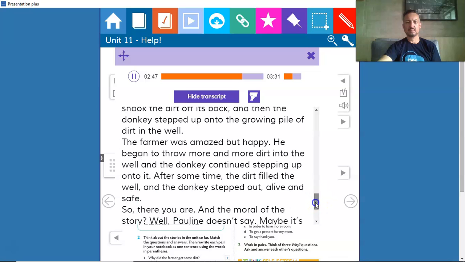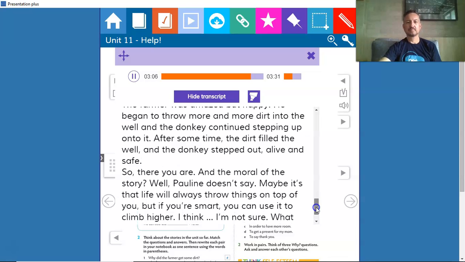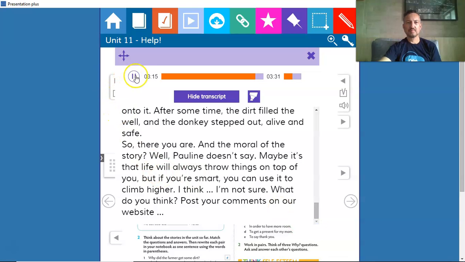The farmer was amazed, but happy. He began to throw more and more dirt into the well, and the donkey continued stepping up onto it. After some time, the dirt filled the well, and the donkey stepped out, alive and safe. So there you are. And the moral of the story? Well, Pauline doesn't say. Maybe it's that life will always throw things on top of you, but if you're smart, you can use it to climb higher.